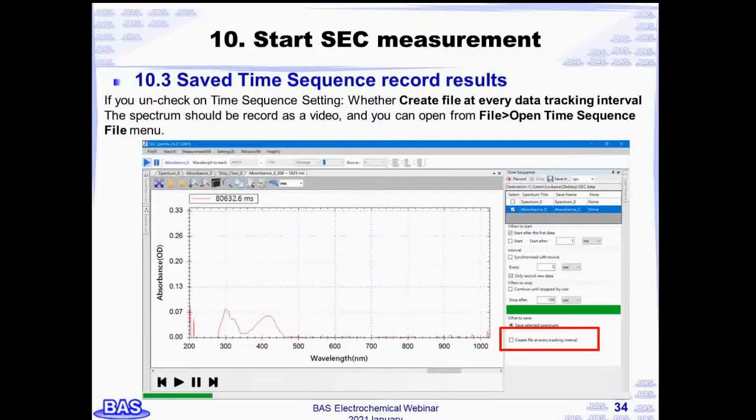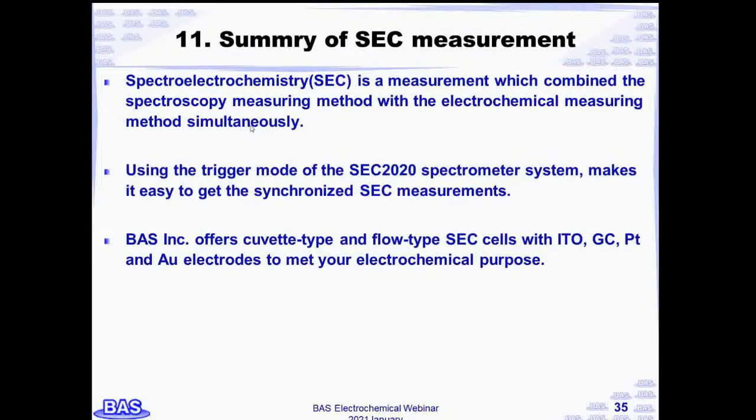At last, let me summarize today's topic. Spectroelectrochemistry is a measurement which combines the spectroscopic measuring method with the electrochemical measuring method simultaneously. Using the trigger mode of the SEC 2020 spectrometer system makes it easy to get synchronized SEC measurements.